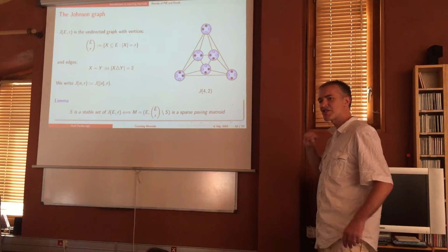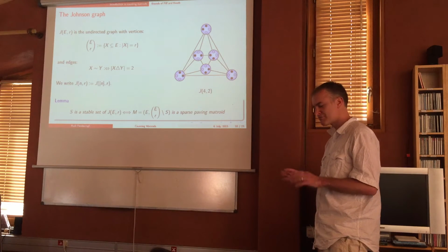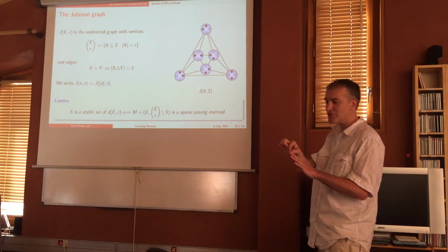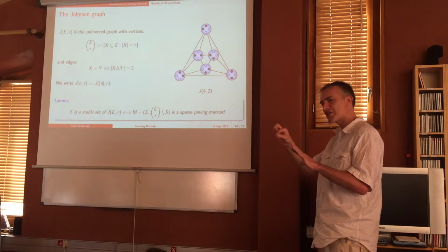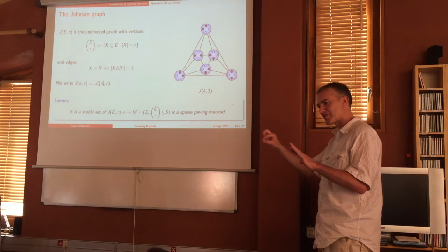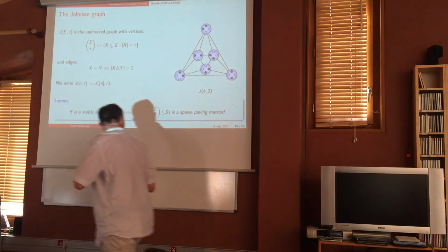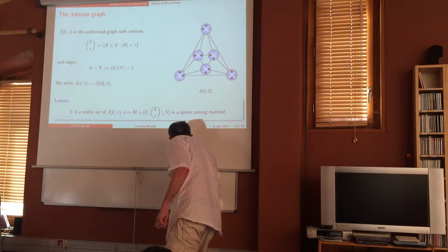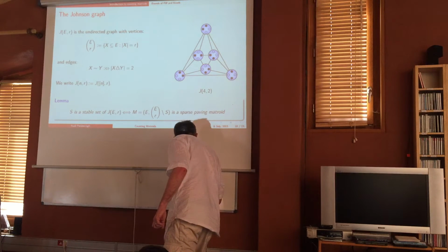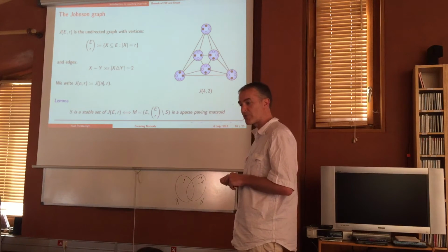Because if the base exchange axiom is not satisfied for a matroid, you're going to have two bases, and there's going to be an element E somewhere in one of the differences, so that whichever way you try to exchange this element with something in the other, it's not going to give you another basis.